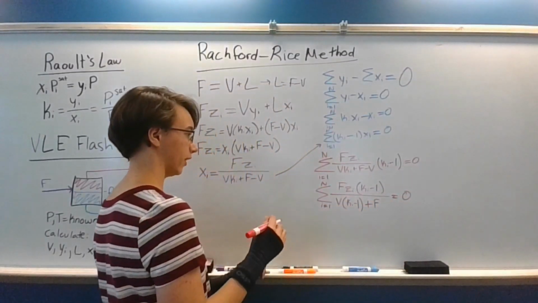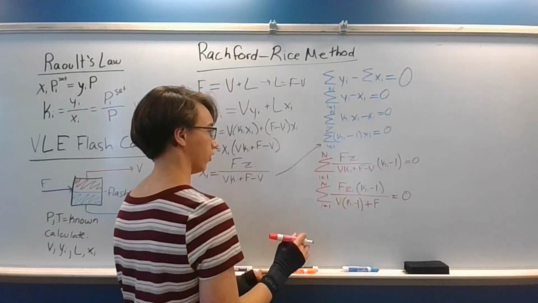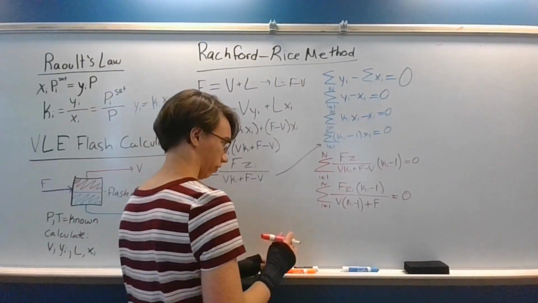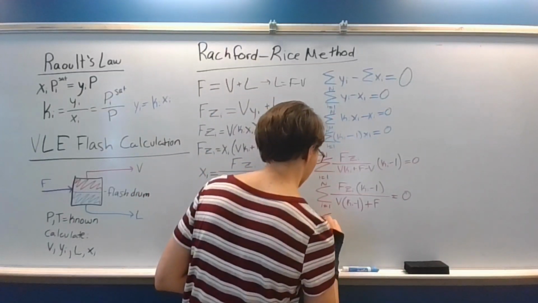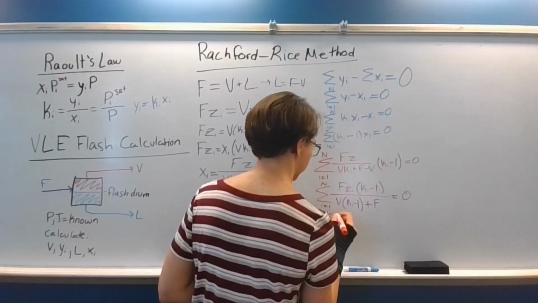And then finally, we're going to divide the top and the bottom of this fraction here by F. So still the summation from 1 to n.